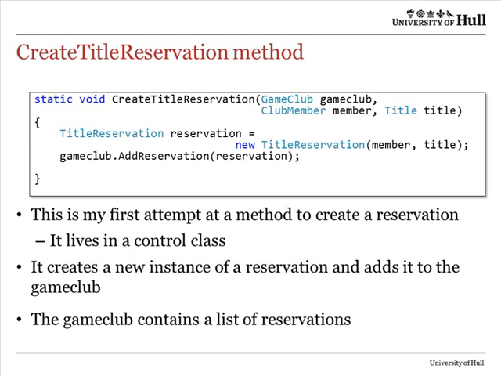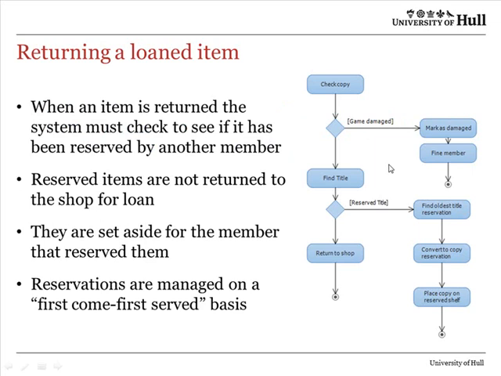If we haven't got a member who can reserve anything because they've already got 5, or the title can't be reserved, then we bounce out. So this is effectively the create title reservation method, and I'll call this when I want to make a reservation for a member of a particular title. And that all seems quite sensible and looks like it should work.